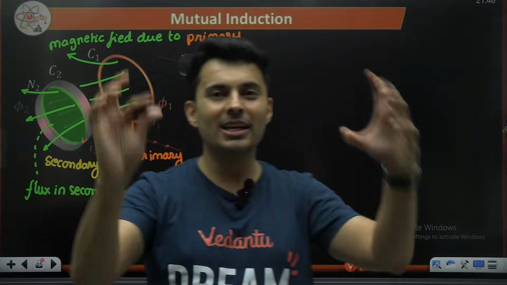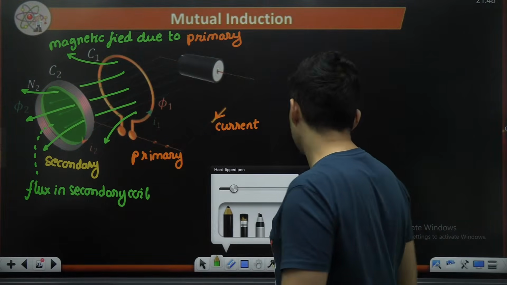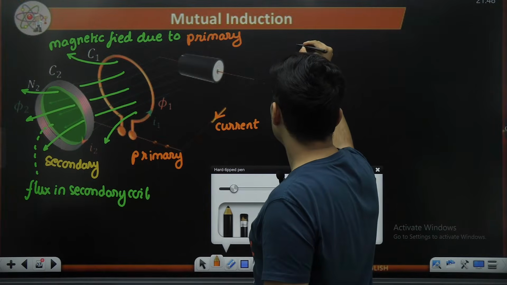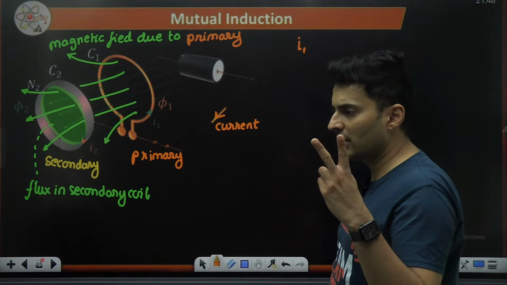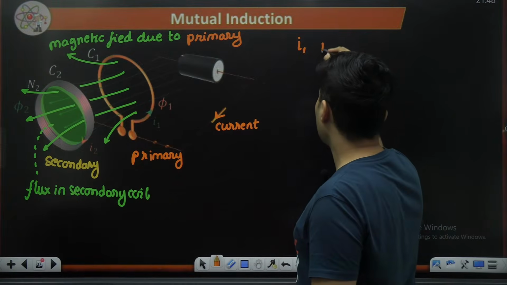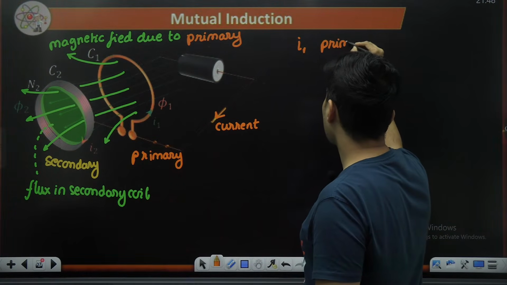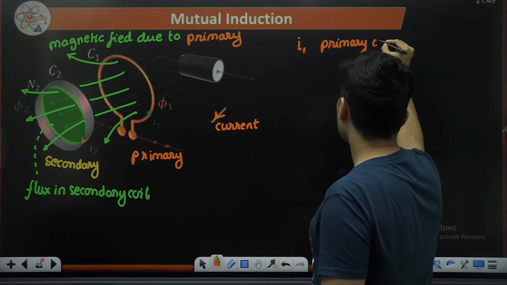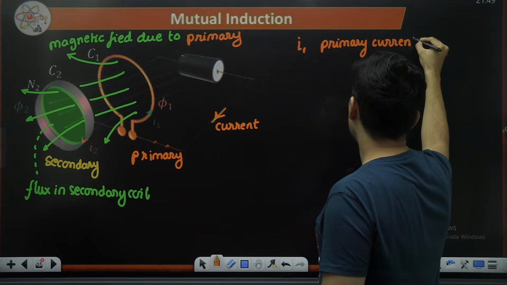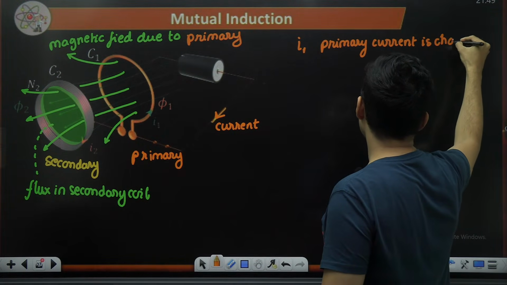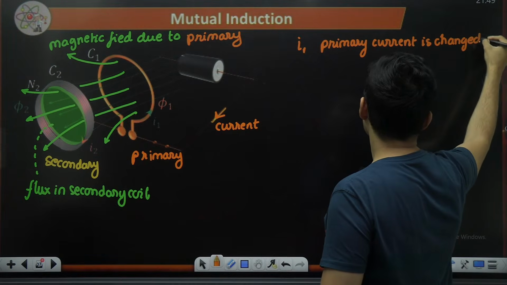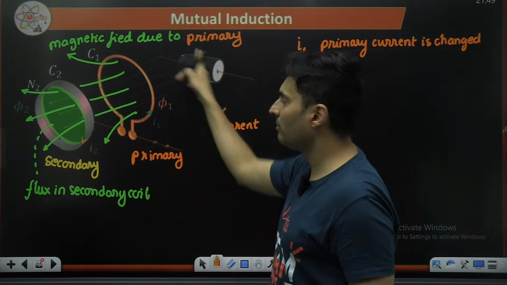Now this is the whole game plan. Imagine if the current 1 stands for primary, 2 stands for secondary. Primary current changes. What is the direct implication? So this is the first thing which I'm doing. I'm changing the current in the primary.